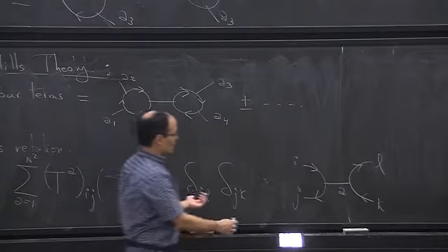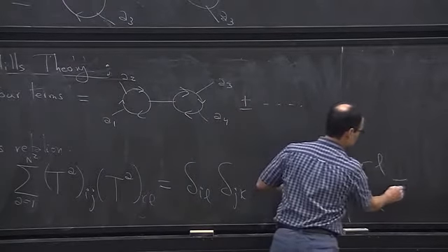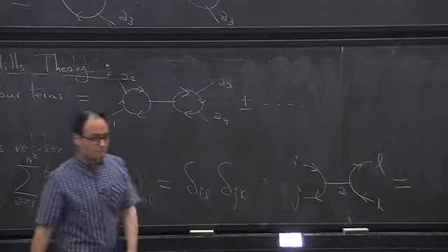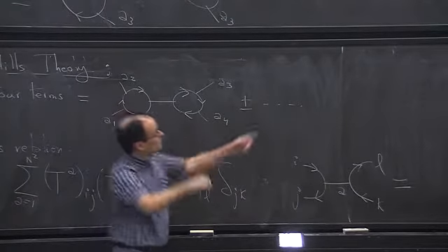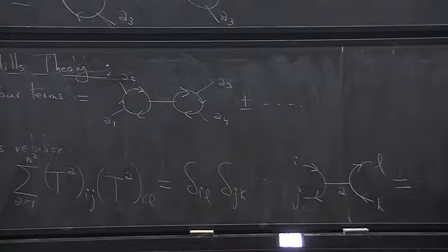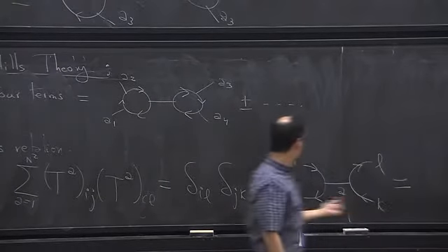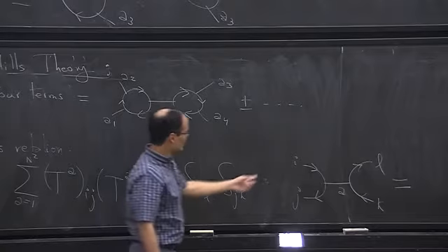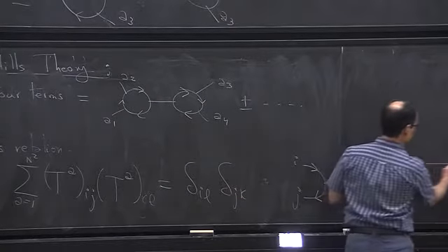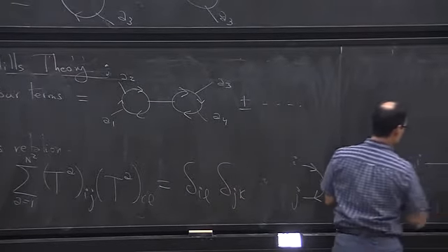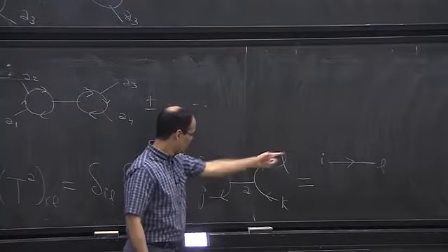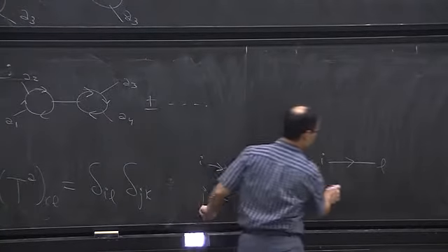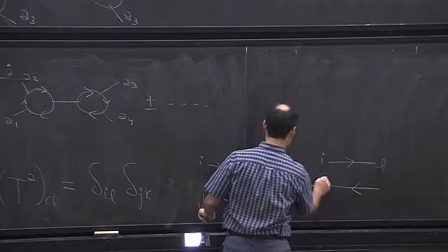But the relation says that this is equal to our delta functions over there, meaning lines connecting the two labels. So i and l are connected. Very nicely, the arrow flows from one side to the other side, and this one is connected like this.